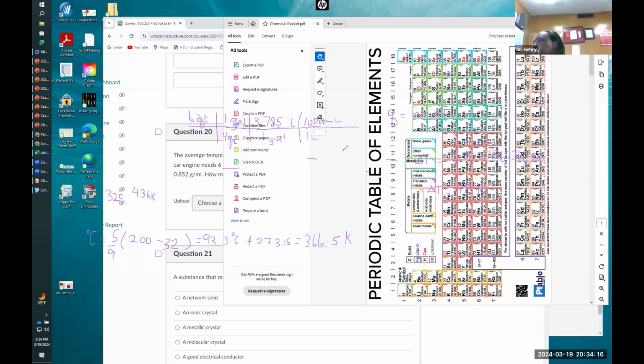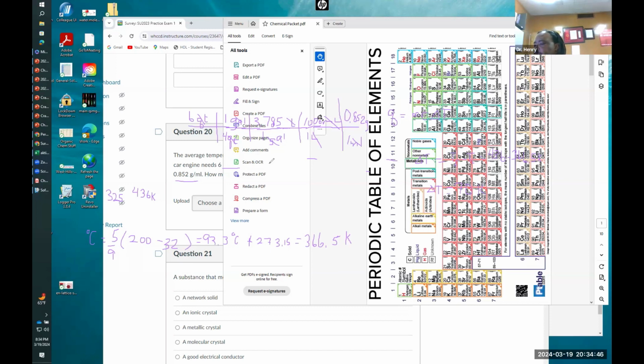And then we can use that density, right? Because that gives us this density right here, which is 0.852 grams per 1 milliliter. Okay, so our milliliters are going to cancel out, our liters are going to cancel out, our gallons are going to cancel out, and our quarts already canceled out.